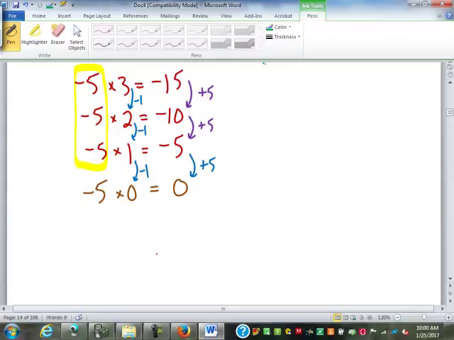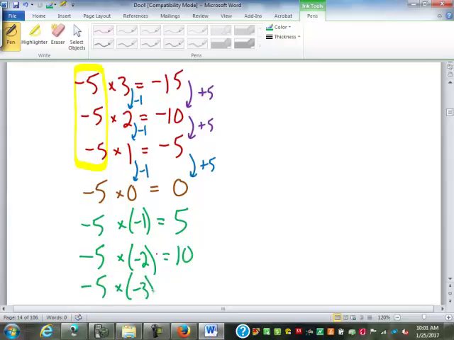So if we keep going, we can assume that the pattern keeps going. So negative 5 times, what would this next number be? Negative 1 if we reduce it by 1 more. So this would have to go up by 5 to be positive 5. Negative 5 times negative 2 has to go up by 5 to be 10.